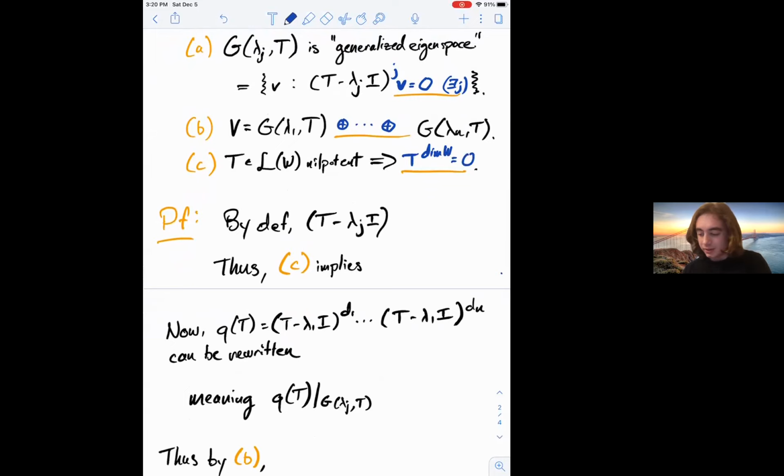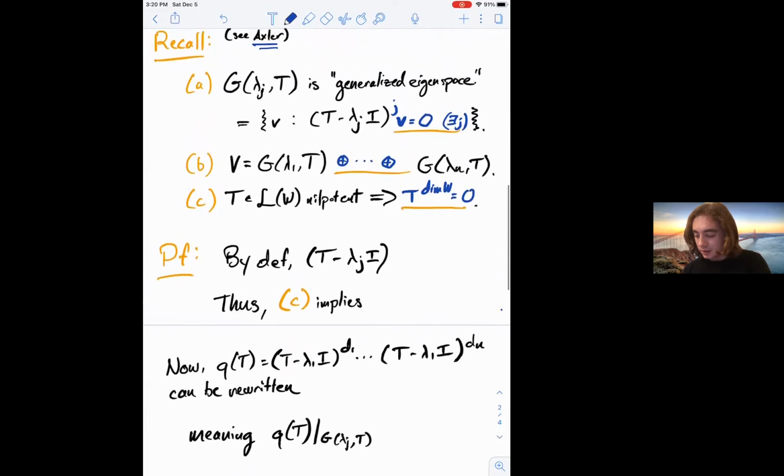So let's dive in. Using these results, we note that by definition, T minus lambda_j I restricted to the jth eigenspace is nilpotent because every element eventually becomes 0.